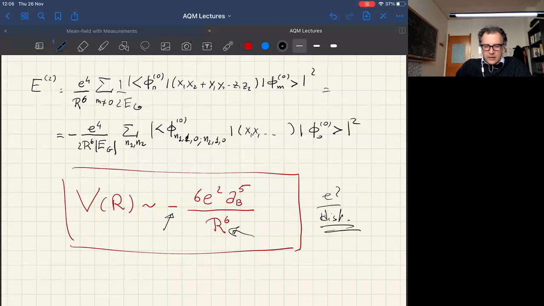Since we found that this goes like R to the 6th, the rest should be going like 1/(e squared times distance). And for a hydrogen atom, the natural distance is the Bohr radius, okay? But try to do this and see if you get even the coefficient.